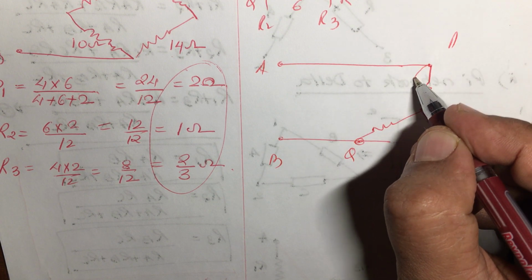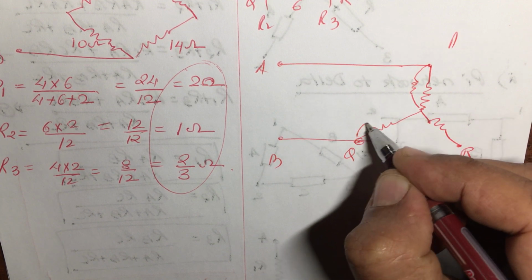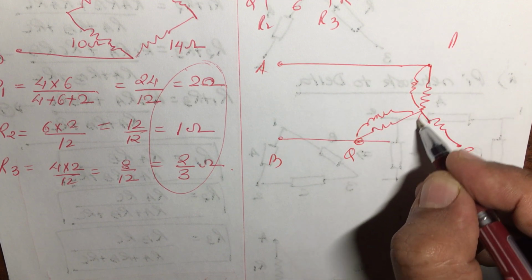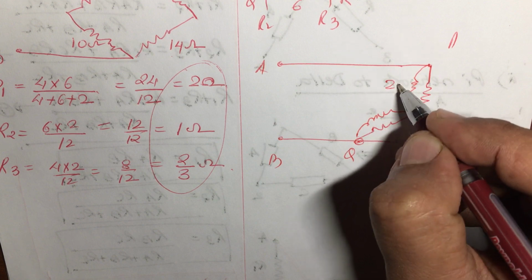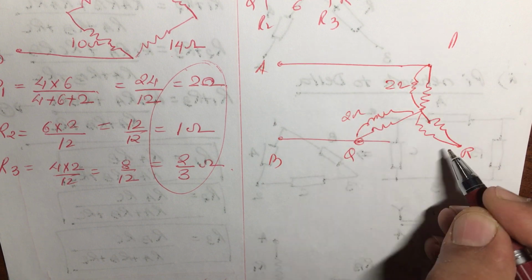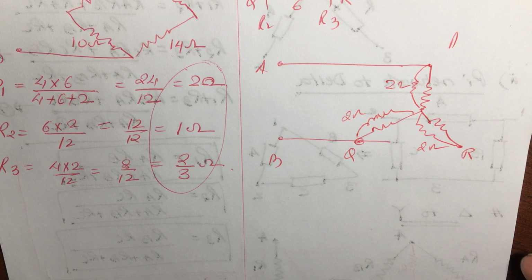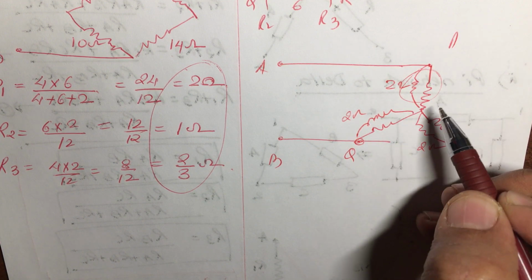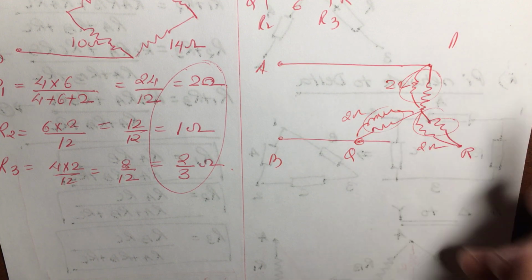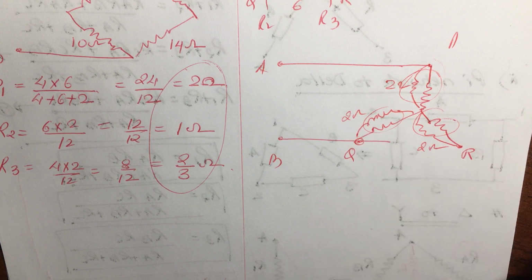So here you will have a 2, 2 and a 2 ohm. Correct? So that is how you will have to actually solve it and get the answer. So here these two are in parallel, and then eventually in series, get the equivalent resistance. Solve it and get the answer.